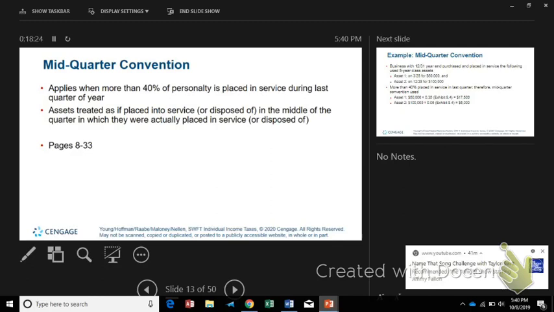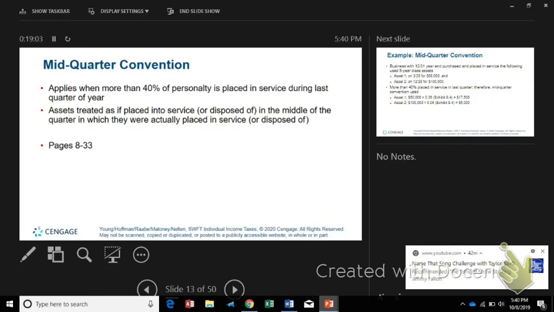Now there's another one that is called mid-quarter convention. This applies when more than 40% of your personal property assets are placed in service during the fourth quarter. And there you have to treat the assets as if they were placed in service in each quarter. So what this is saying is, you had all these assets placed throughout the year, let's say $400,000, but $300,000 of it was put in November.